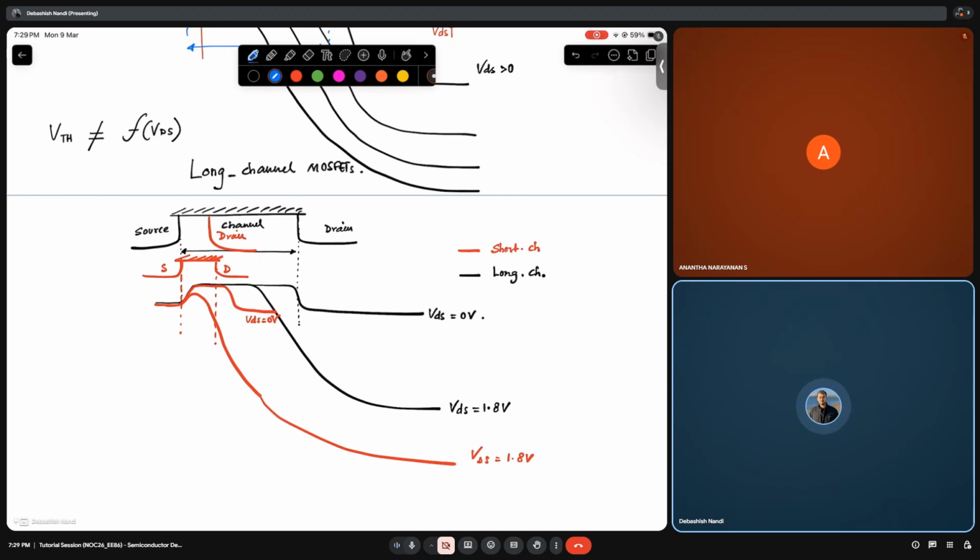So can you see that in the short channel case, the source to channel potential barrier is lowered? In all cases, VGS is equal to VTH, let's say.